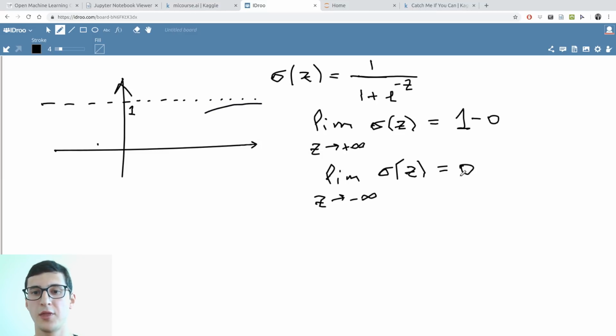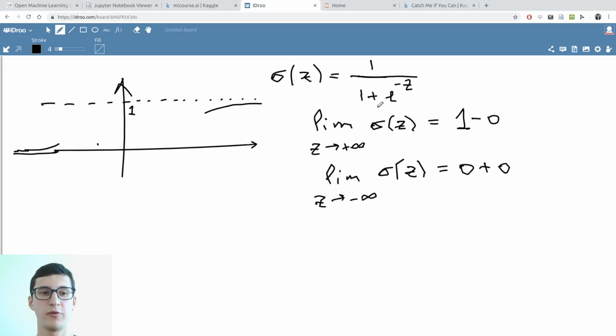And the same for the second limit. This limit will be 0 plus 0. It means that the values of the sigmoid function are still positive, and here when z is approaching minus infinity, it will behave like this.